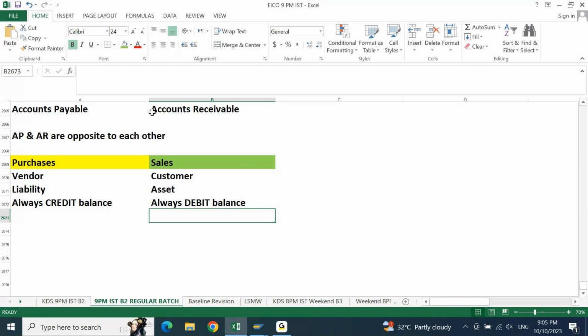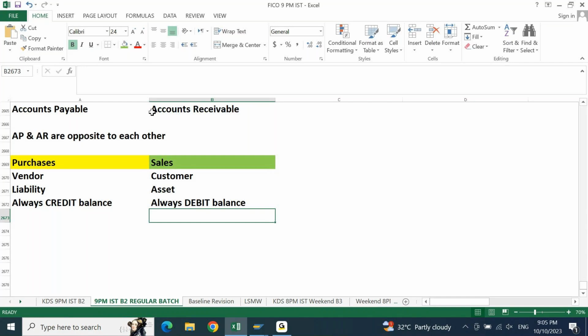Why does the vendor show a credit balance? Because your vendor is a liability. We are liable to pay the vendor. Whenever you are talking about a liability, we are talking about a negative number, and a negative number is nothing but a credit balance. Similarly, a customer is an asset. An asset always shows a positive value, and a positive value is nothing but a debit balance.